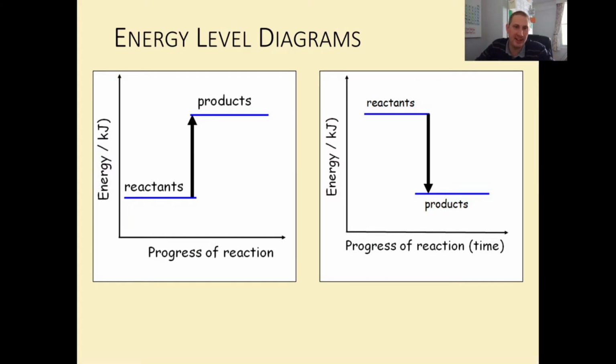Actually, what this shows is the chemical energy. So what we have here on the side shows the chemical energy of the system, of the reaction that's going on. And if the reactants are gaining chemical energy, then that means that the energy has got to be coming in from somewhere else. So it must be absorbing energy.